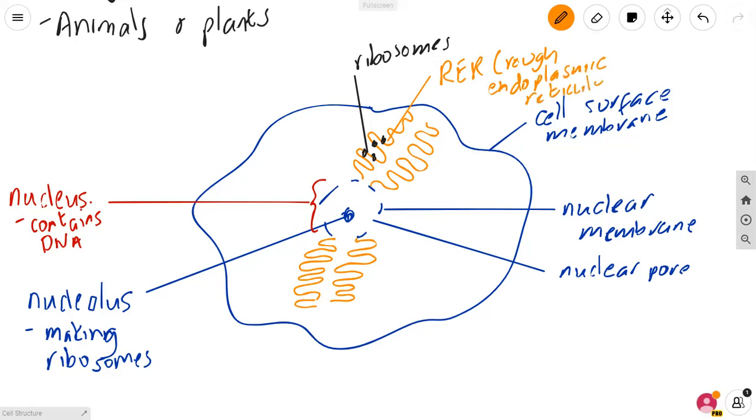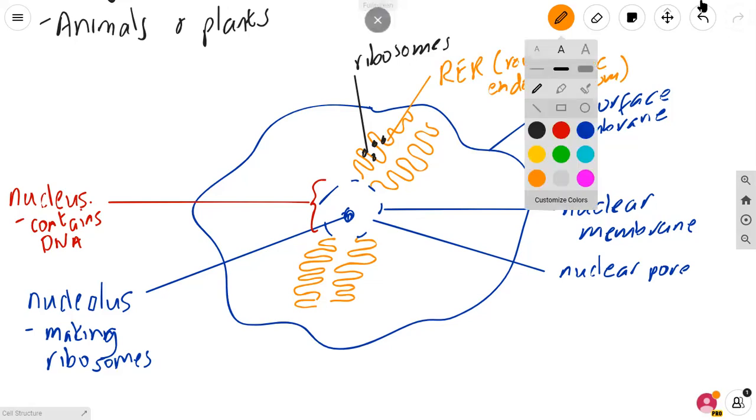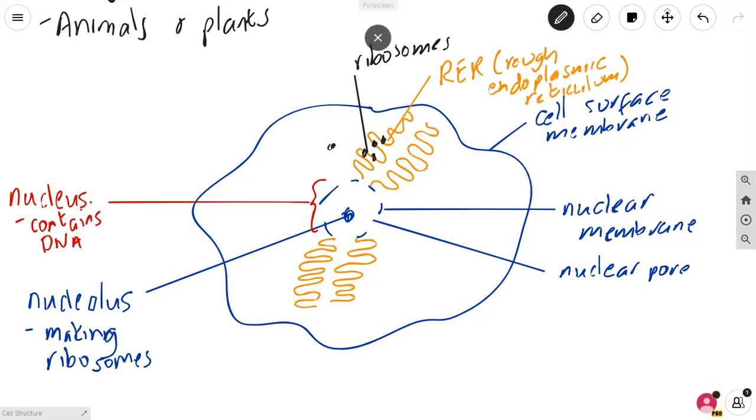And it's the site of translation, the second stage of protein synthesis. And that's because the ribosomes themselves, which can also sometimes be free within the cell, are the site of translation.